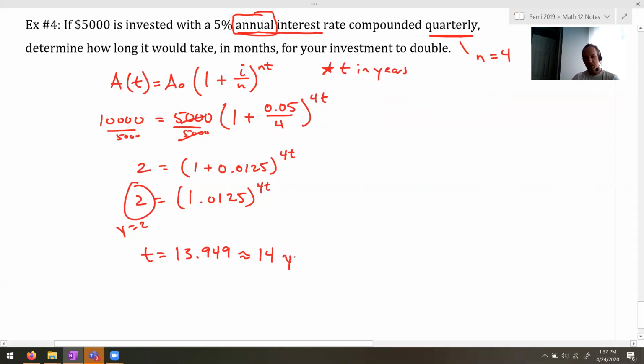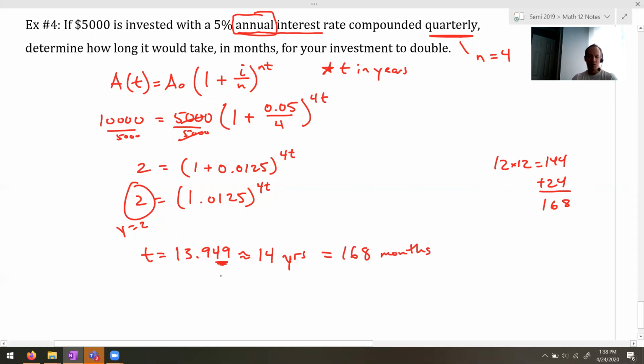So this is 14 years, which translates to 14 times 12. Okay, well, we should be able to do this, but it's hard when you're doing a video. I know 12 times 12 is 144, so I'm going to add 24 to that, so that's 168. Okay, so this should be about 168 months.